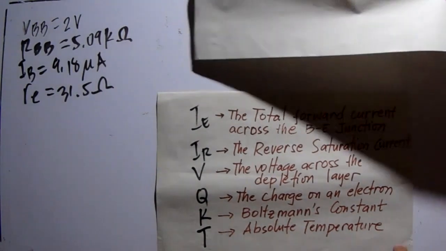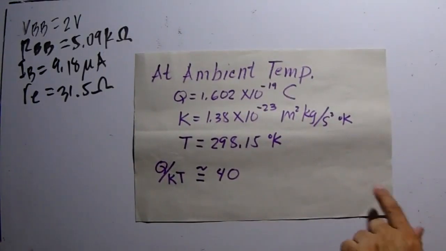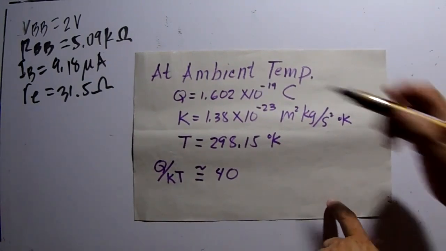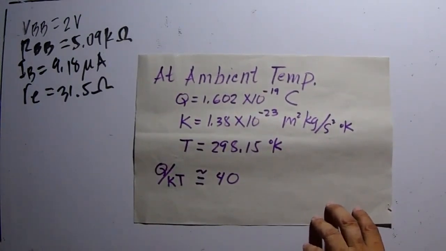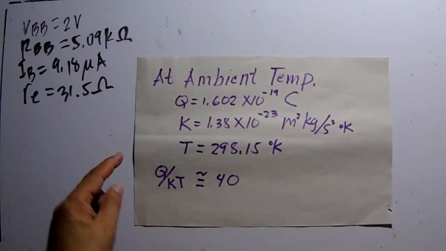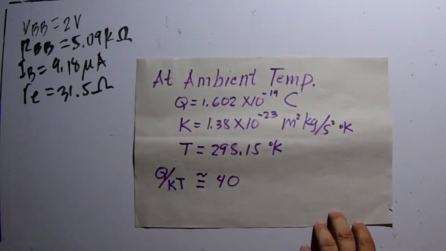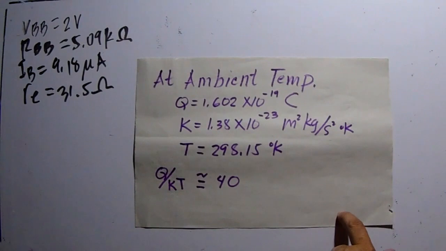At ambient temperature, we have the value for the charge on an electron to be equal to 1.602 times 10 to the negative 19 coulomb, and the Boltzmann constant is 1.38 times 10 to the negative 23 units meter squared kilogram per second squared degrees Kelvin.